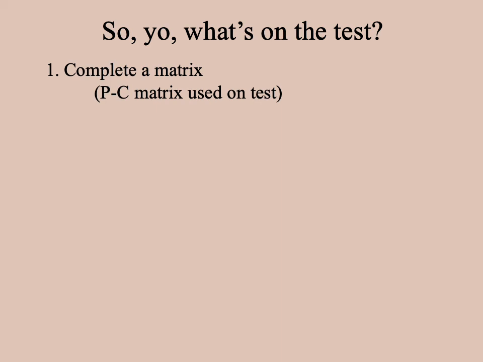So I might give you like every other note of a row form, and you need to put the ones in the middle. It'll be possible for you to do this because I will give you the complete prime row across the top. But rather than have you write in all the other pitches underneath it, I'm going to write in some for you and have you just fill in the missing ones, which is actually good because then you don't spend all the time it takes to build a matrix from scratch.